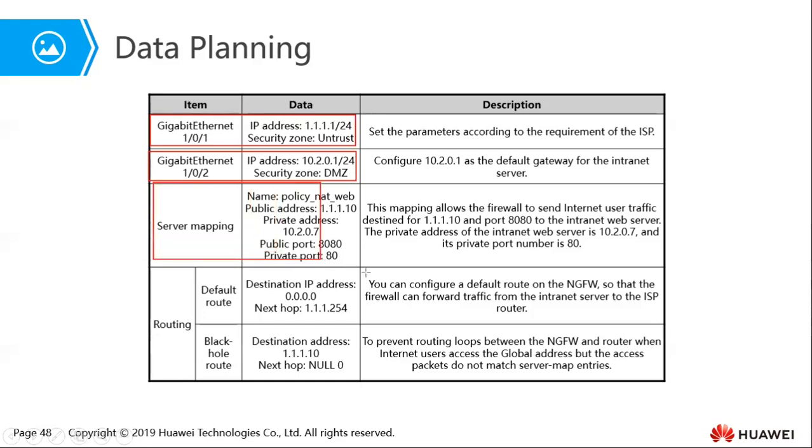Then we need to do server mapping, so we create a static NAT. Then we also configure routing: a default route to go to the router provided by the ISP, and a route to prevent loops between the next generation firewall and the router, which points to Null0 as the next hop.